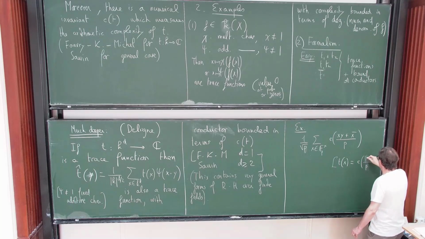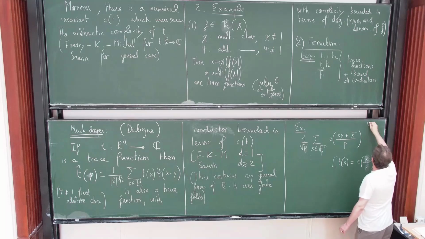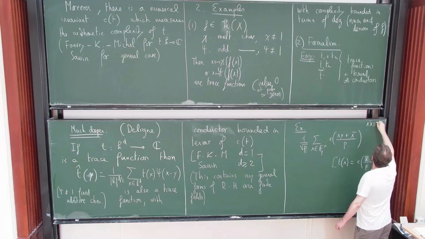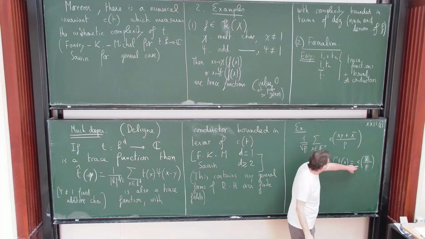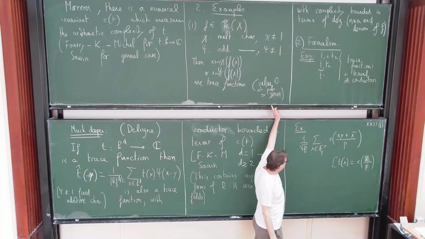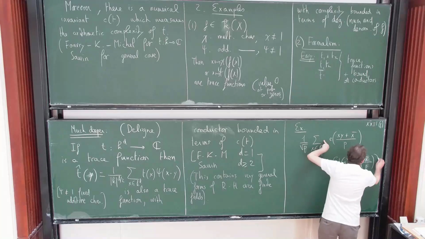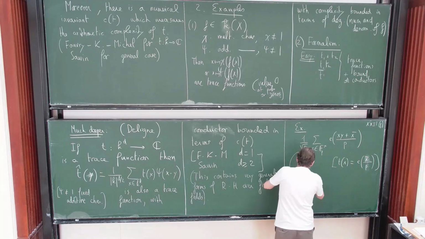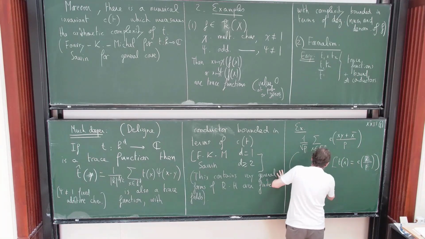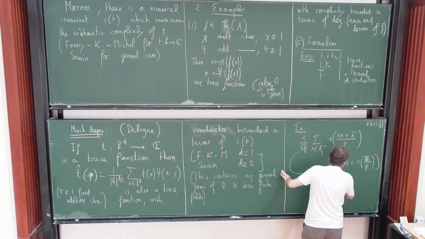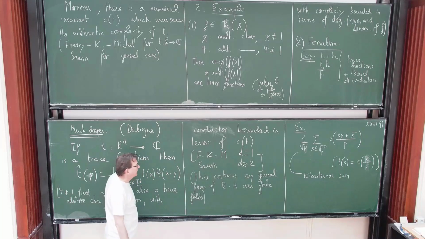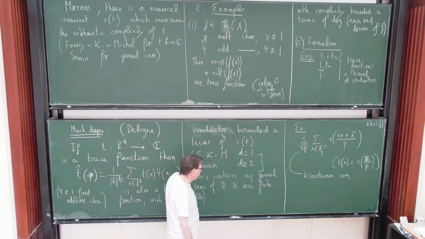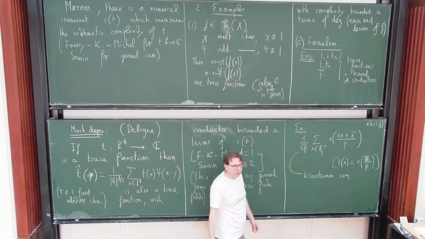Well, x bar over p. So x bar is the usual notation for the inverse of x modulo p. So this is a trace function by the first example, and this is the Fourier transform. This is a Kloosterman sum, as defined by Poincaré in the 1910s, and Kloosterman pretty much exactly 100 years ago.